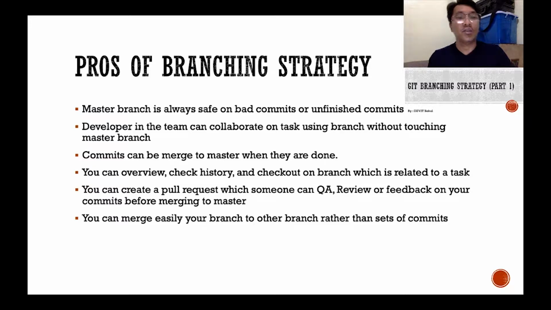Okay, you can overview, check history, and check out a branch which is related to that task. So if you have a certain task and you use a branching strategy, you check out the branch, and you can see all of your commits related to the task.